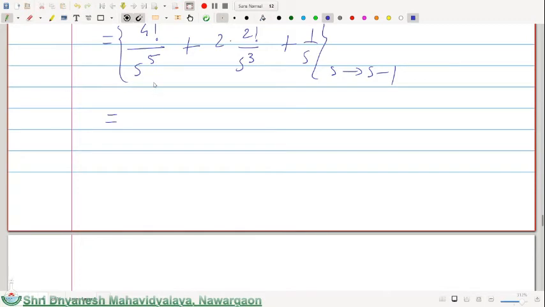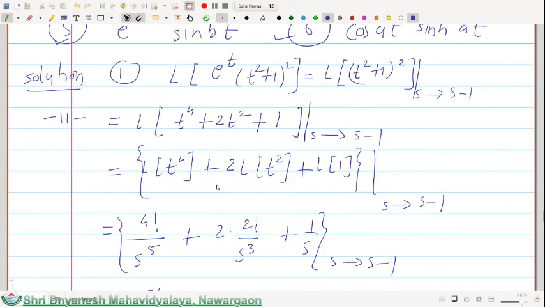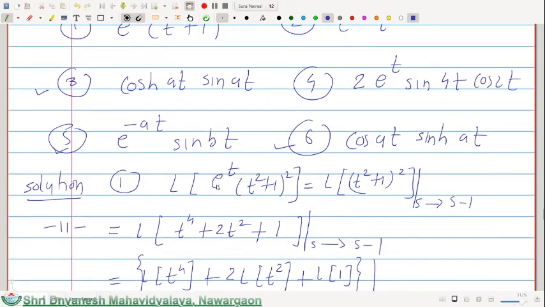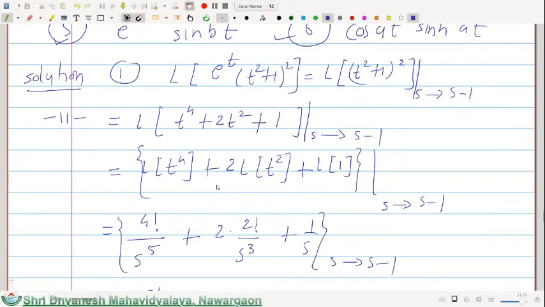It is 4 into 3 into 2, that is 24, upon s minus 1 power 5, plus 2 into 2 factorial is 4 upon s minus 1 whole cube, plus 1 upon s minus 1. So this is the required transform for the function e to the power t into t square plus 1 whole square. You give a reason in the step wherever you use linearity property or shifting property.